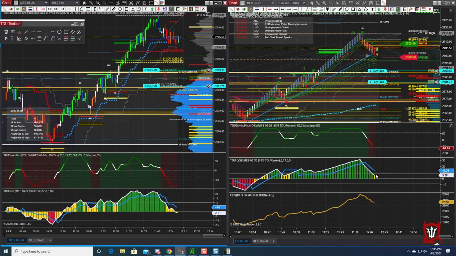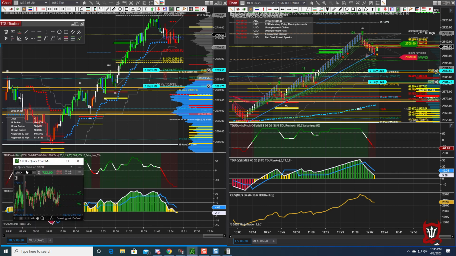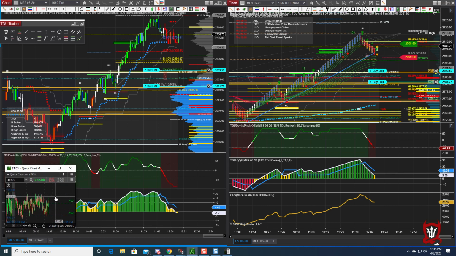So if you're trying to time this on the long side, here's the problem you always face. If you wait too long, well, let's get the tick over here. This is kind of a conundrum. Look at the tick. We're at 772. So you can't buy with the tick at 766 into a golden zone. Well, you can do it, but what's going to happen is, we were talking about this yesterday.